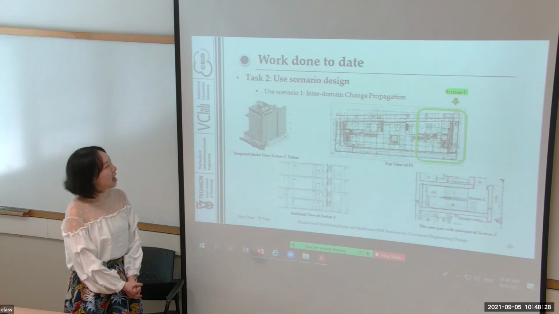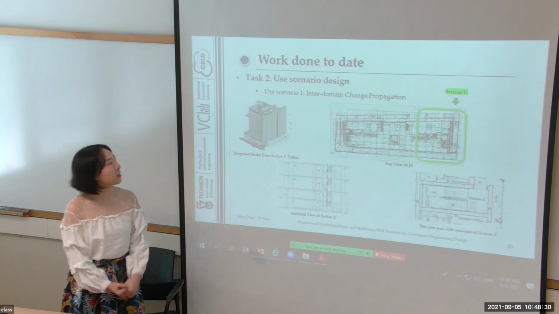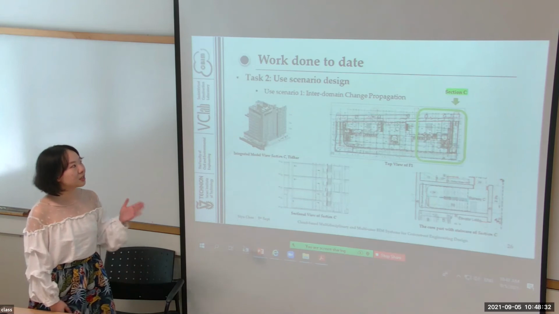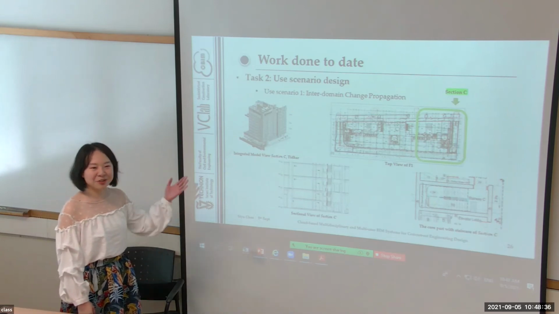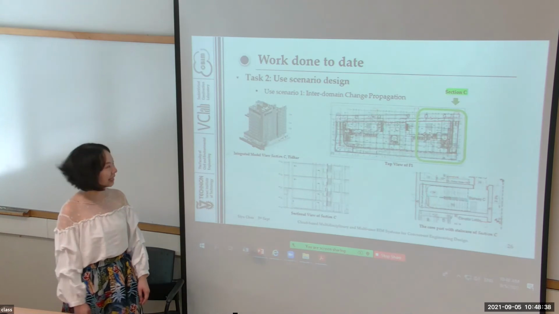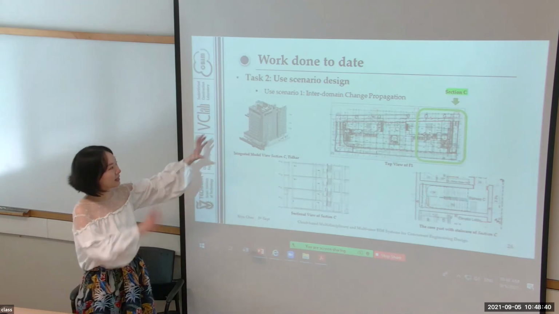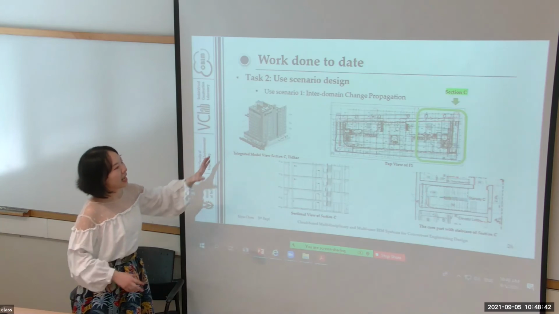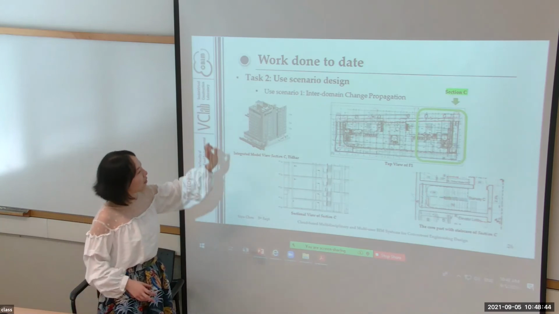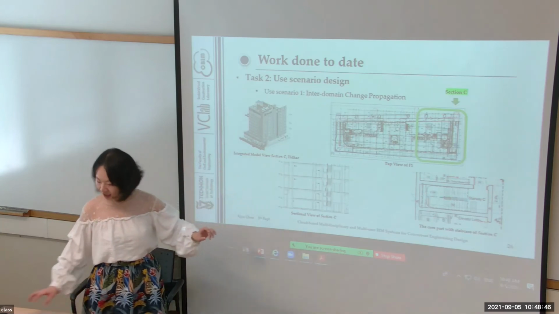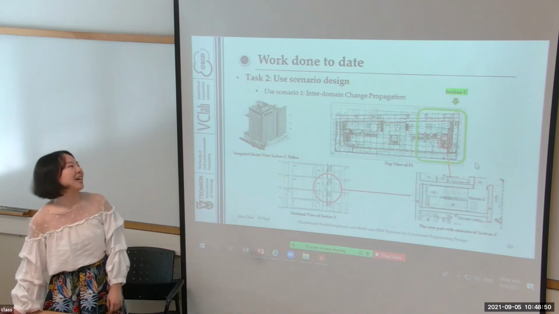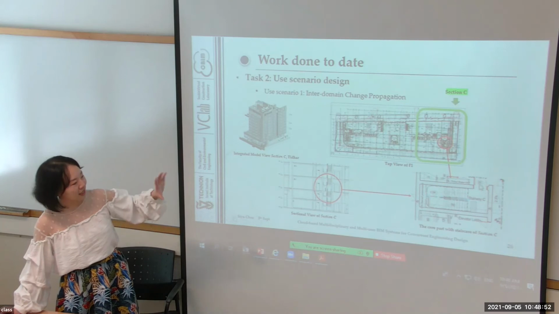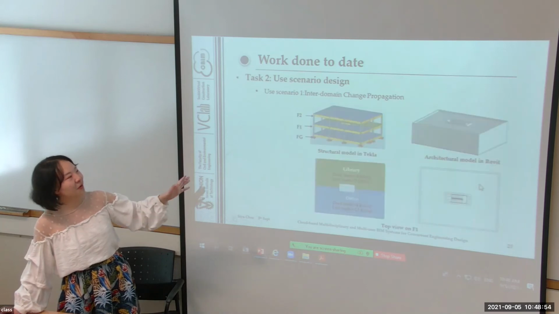Then I have already designed the first use scenario, called interdomain change propagation. Remember the Microsoft building I showed you at the very beginning? I took a section of the building, and a small part of this section, where there is a staircase, and we modified it into a very simple building.